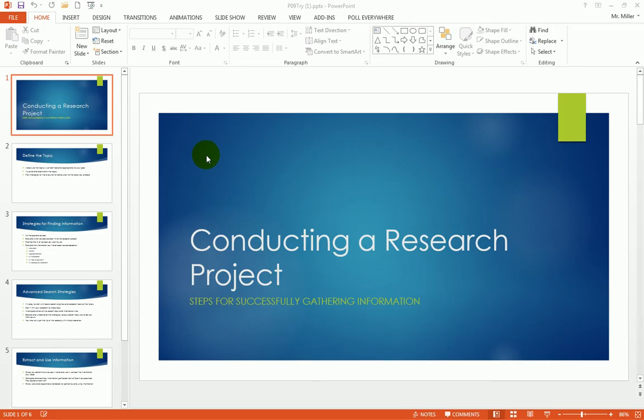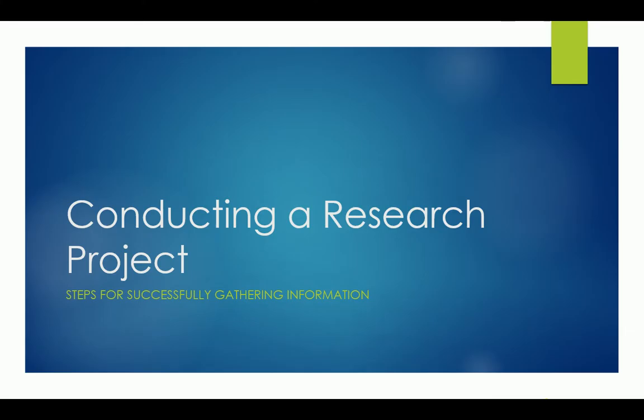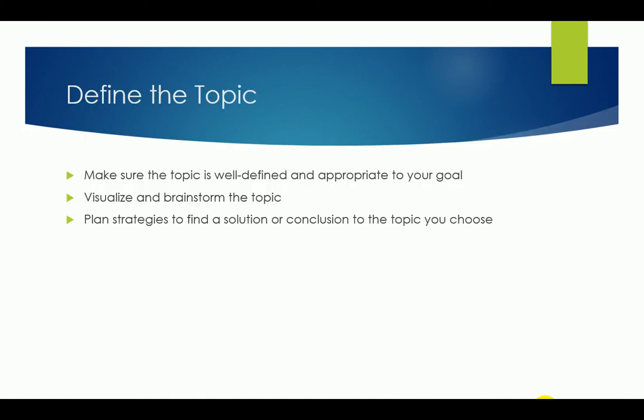Alright, the goal here is we want to add what are called transitions to our slides. The transition is what happens as we go from one slide to the next. Looking at slide 1, if I start my slideshow right now, it shows a slide. And if I either click my mouse or press the right arrow key of my keyboard, I'll move to the next slide, but there's really no transition.